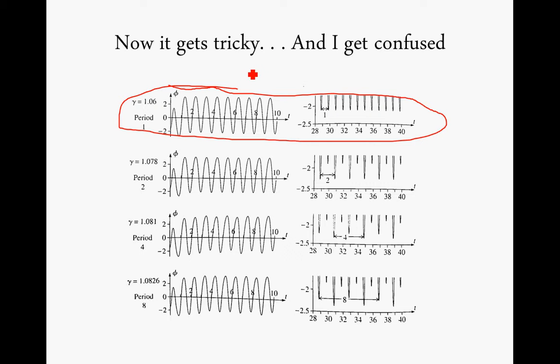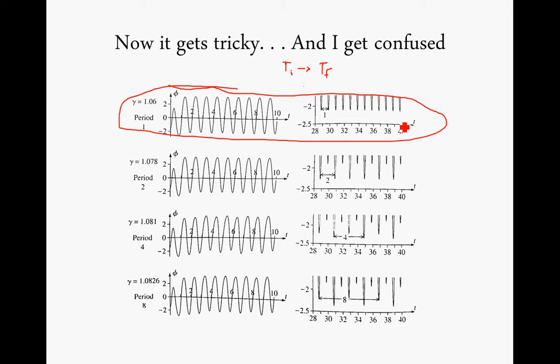So we want to pick a time interval from a ti to a tf, time initial to a time final, and we want to pick a ti such that the transient effects have long since passed, and a tf far away enough from the ti that we can get a good picture of what's going on. So say we choose, in this case for gamma equals 1.06, from 30 to 40.